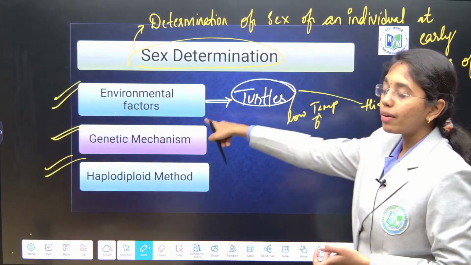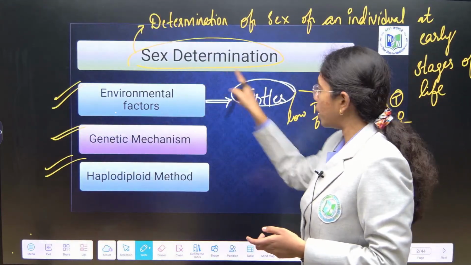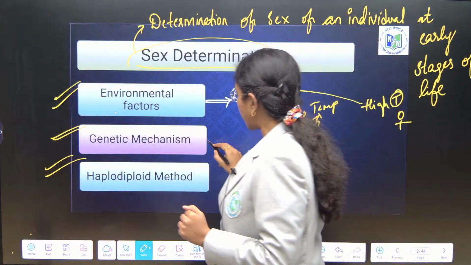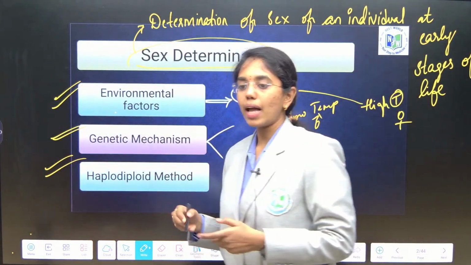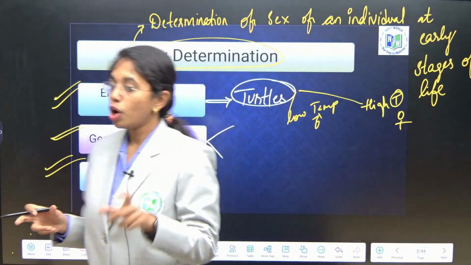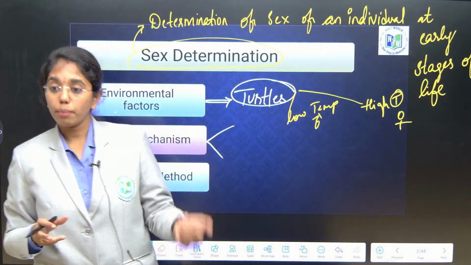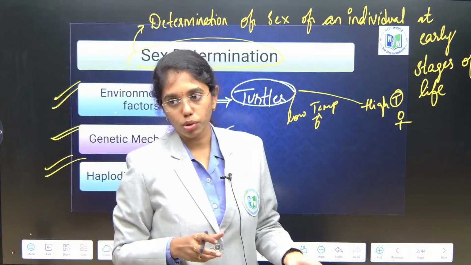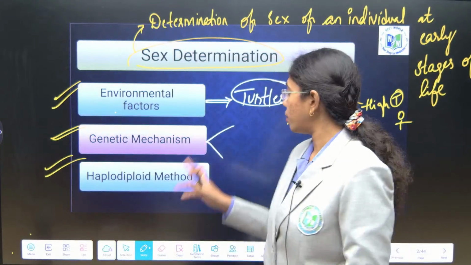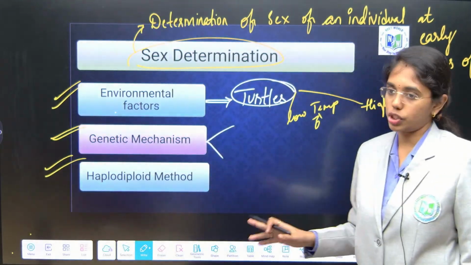So here the environment is deciding the sex of the individual. And in the genetic mechanism, females have a certain set of allosomes and males have a certain set of allosomes. Based on the number or type of allosomes in male or female, we have the genetic mechanism of sex determination.